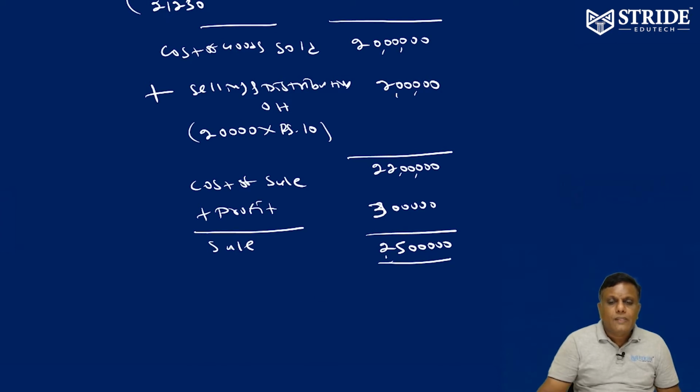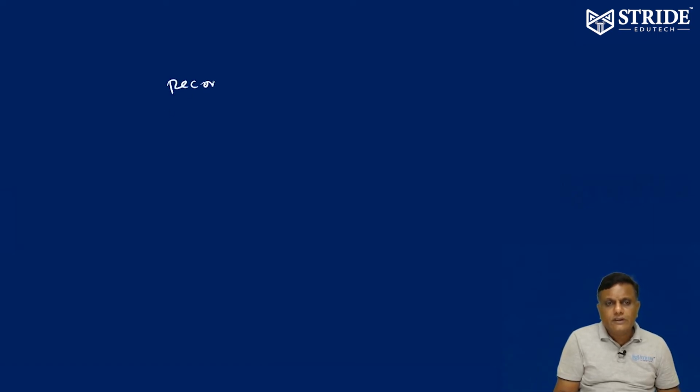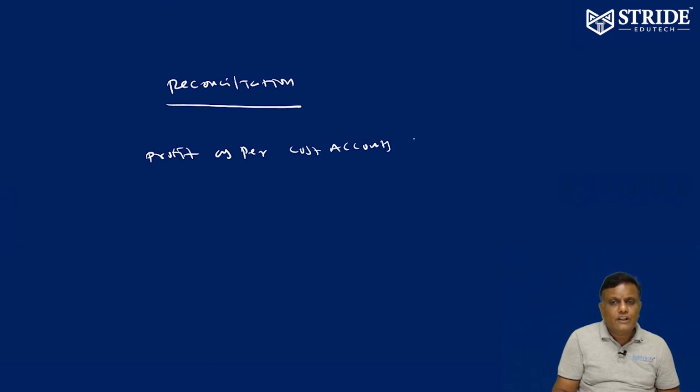Right. Now the reconciliation statement. You have to reconcile the profit as per cost accounts with the profit as per financial accounts. Profit as per cost accounts is the starting point that we have derived, 3 lakhs.